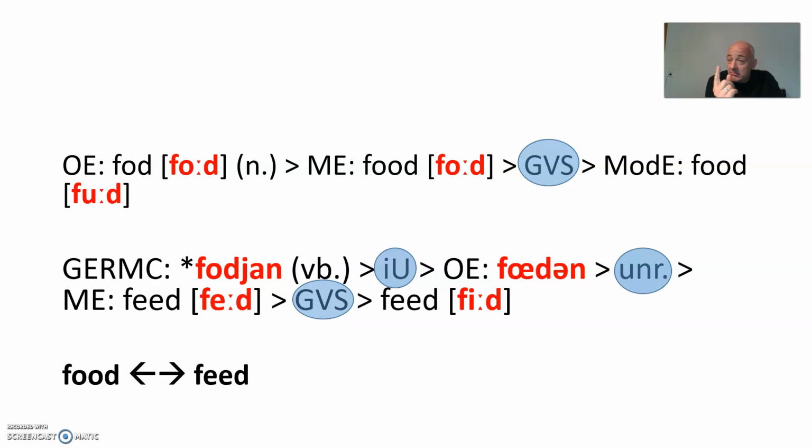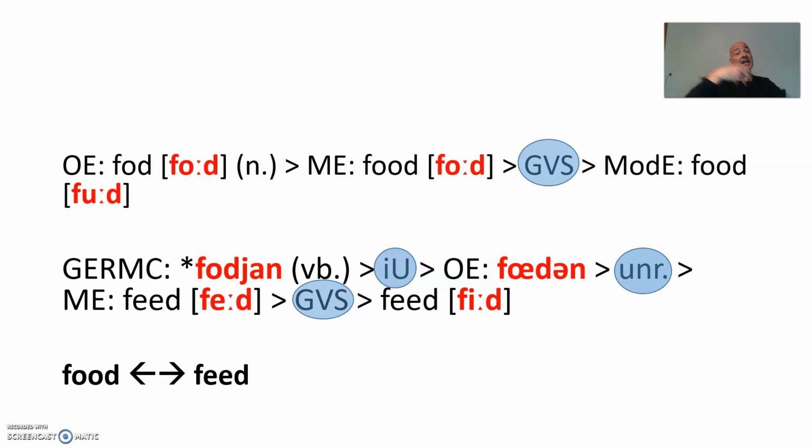But what about the verb? So the verb must have been in Germanic something like fodjan. Still we have some in Gothic, I mean, there you still can see that. Fodjan, the verb, or probably long fodjan. Then, because there's an I-Mutation, in Old English you have something like feden or fedan or something like this.